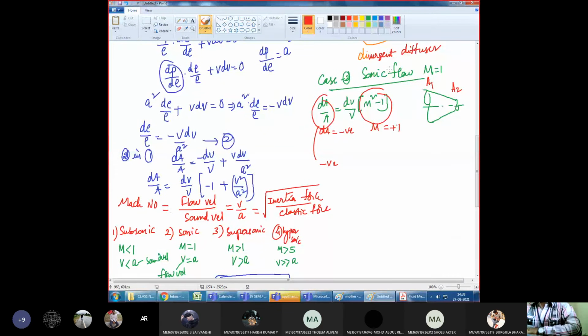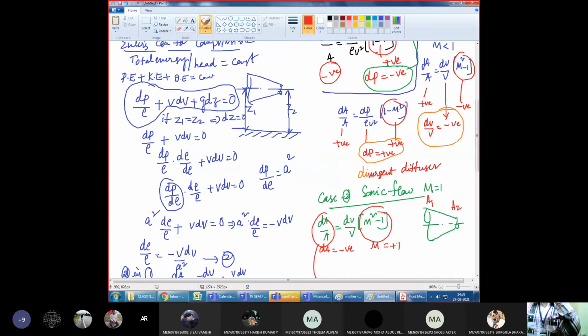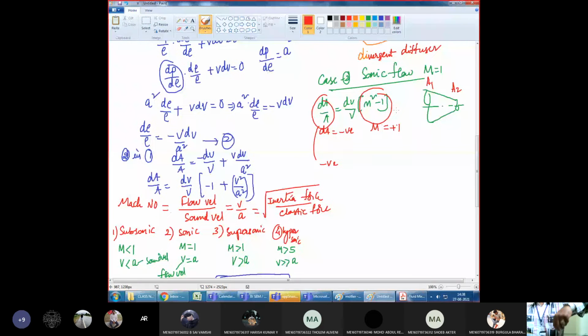What will happen? When M is equal to 1, that will be 0. Then at that time dA will become 0. No change in area. Okay, we will see supersonic, then we will come back to sonic.